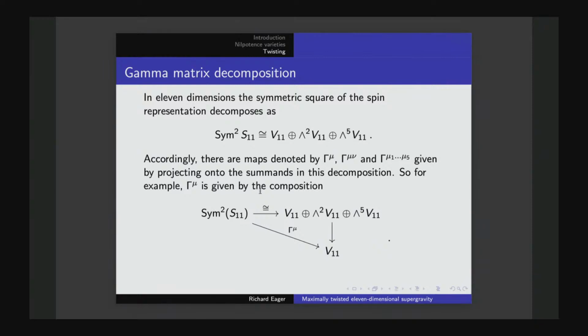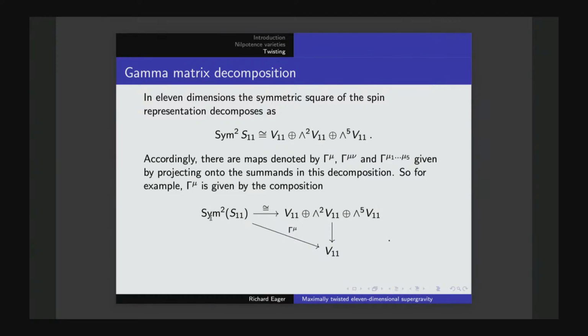And we get projections onto all 3 factors, which are the gamma matrices. The interesting thing, of course, is that we have wedge 2 and wedge 5, which correspond to the possible central extensions of the supersymmetry algebra, giving sources for M2 and M5 branes.